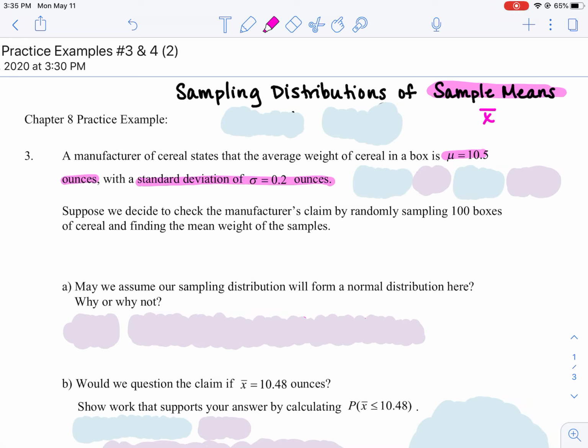So there's variation there, of course. What we're going to do is check to see if we would question that claim of 10.5 ounces by sampling 100 boxes of cereal and finding the mean weight of those samples. And so we're going to look at two examples.